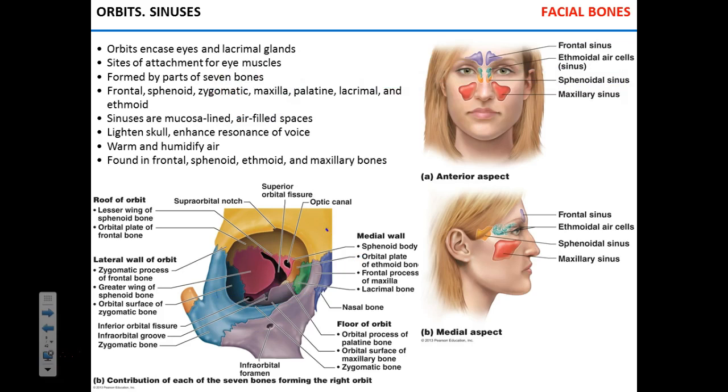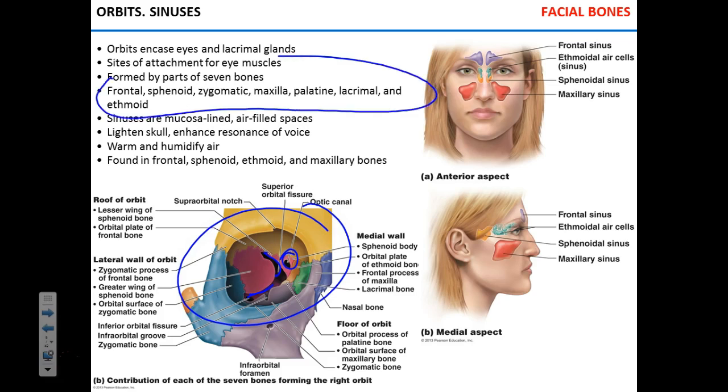Orbits have several fissures. Superior and inferior orbital fissures and optic canals. Okay? Fissures are the passages for blood vessels and extrinsic eye muscles. Optic canal is, not surprisingly, the opening for the passage of the optic nerve. Okay? Seven bones form it.